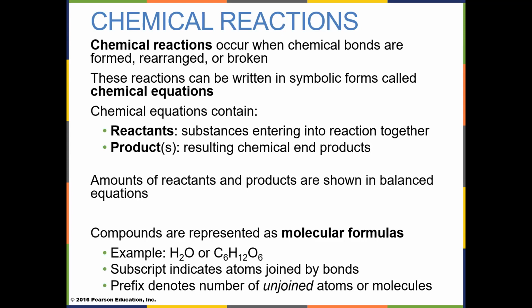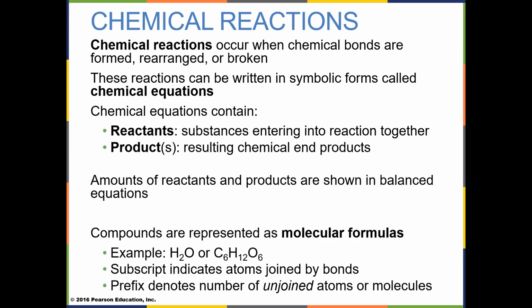If we're eating something and we're breaking down sugars to release energy, we are breaking covalent bonds. When we eat carbohydrates and we store it in our liver as glycogen, we are making bonds.